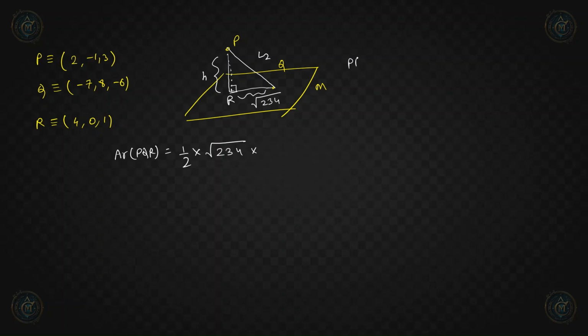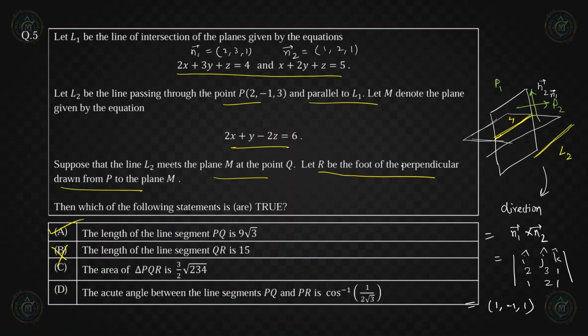So distance PR will be simply under root 2 square plus 1 square plus 2 square. So this is under root 9, that means 3. So this will be 3 by 2 under root 234. So option C is going to be correct.